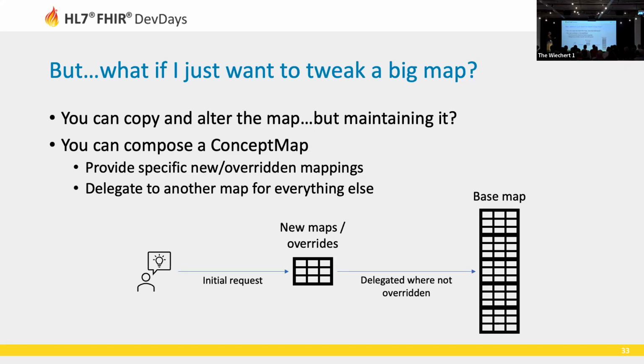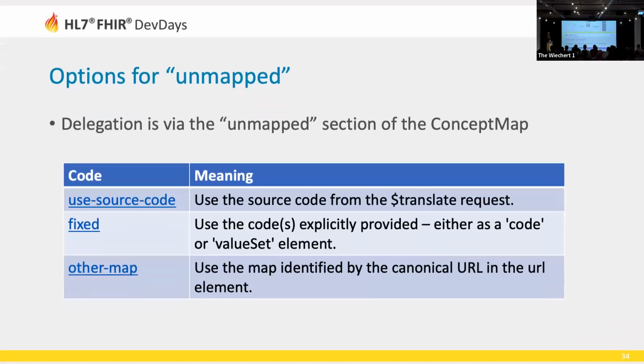So another thing you can do is to compose the concept map by providing a concept map which has just the bits that you want to override about the base concept map. And then for everything else, the concept map that you create with just the changes delegates on to the original big concept map. And that's what that's trying to show on the bottom there.